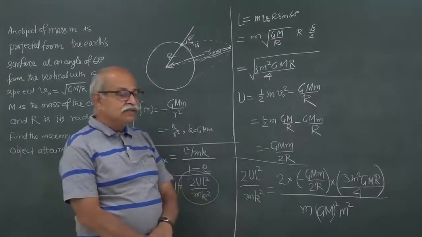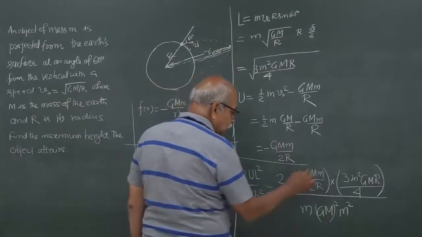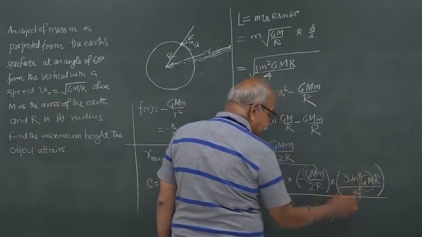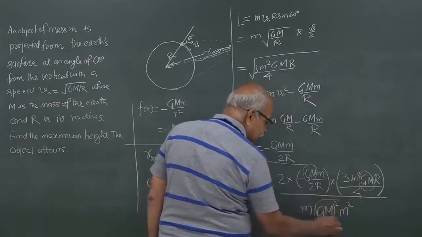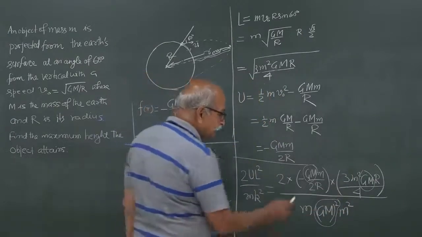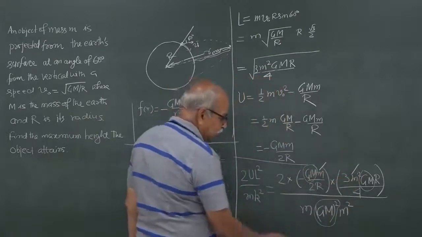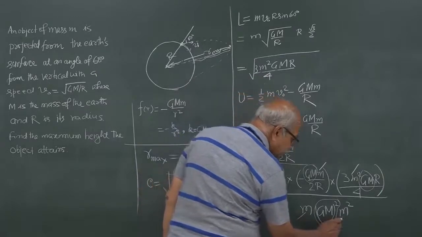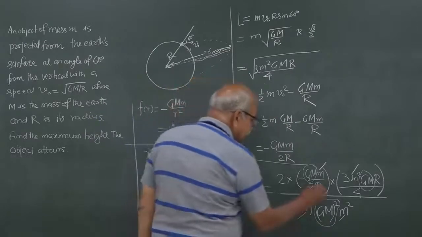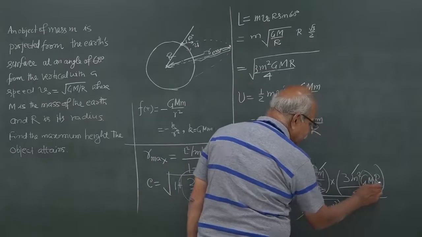And now, see what simplification can be done. You have G M here, you have G M here, and you have G M square here. So, they cancel out, right. Then you have m here, you have m square here, that is m cube, and you have m here and m square here, they cancel out. You have this r here, and this r here, that cancels out.